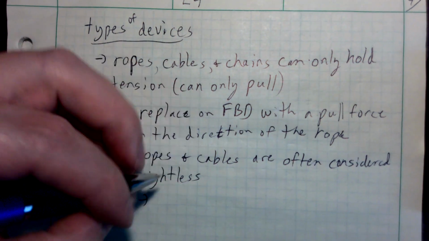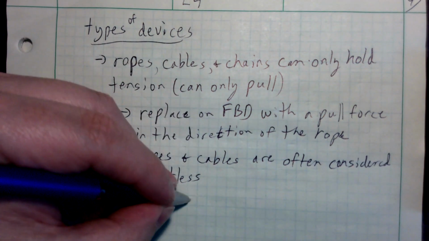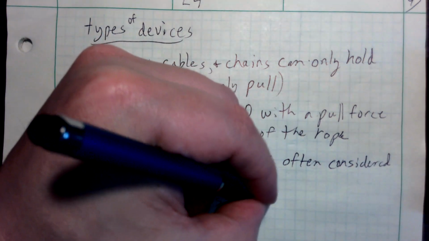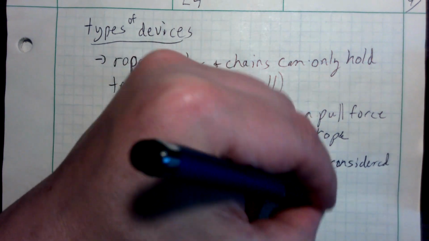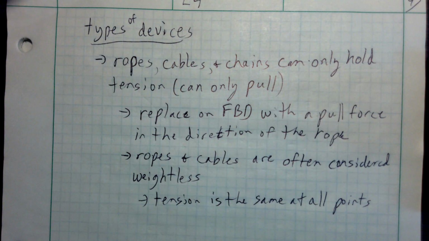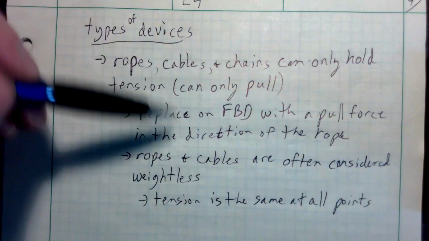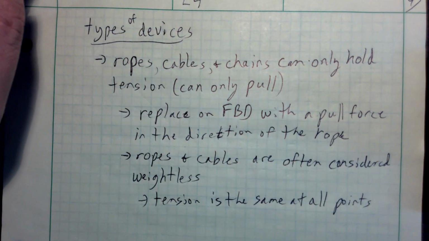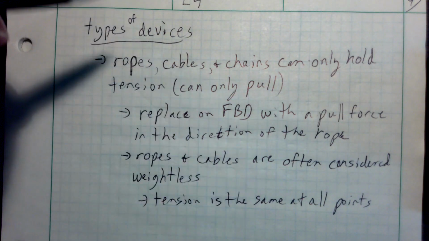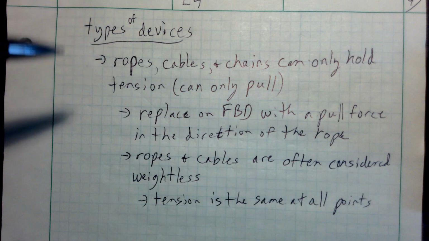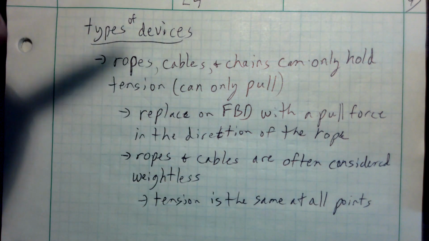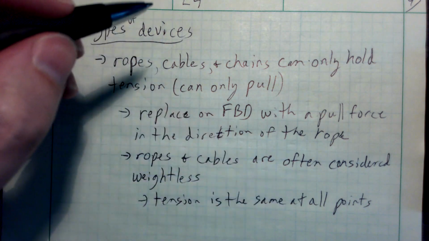That means tension is the same at all points. So if I have a continuous rope looping over maybe a pulley or through some sort of a system, the tension, no matter what it passes over or goes through, if it's the same cable or rope, it's the same tension at all points if we're considering it to be weightless.